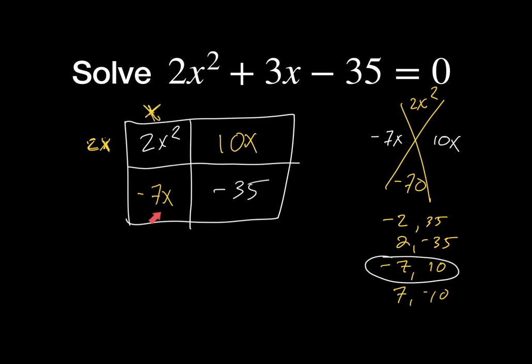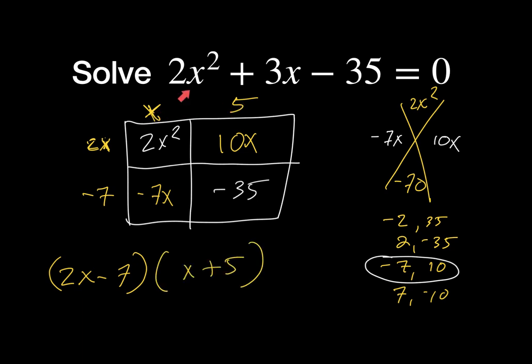X times what is negative 7x? X times negative 7. Over here, 2x times what is 10x? That's 5. And then I double check. Does negative 7 times 5 equal negative 35? Yes, it does. So my factors are 2x minus 7, which were these. And then x plus 5 for these.